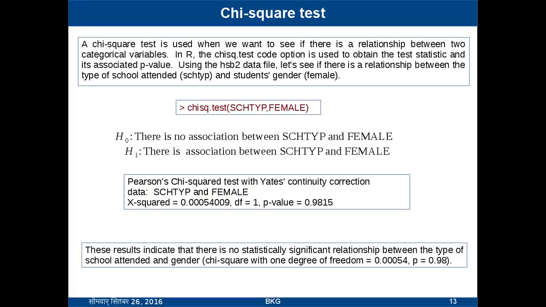Using our data file HSB2, let us see if there is a relationship between the type of school attended, that is school type, and the student's gender. Our null hypothesis is that there is no association between school type and female, against the alternative that there is some sort of association between the two variables.